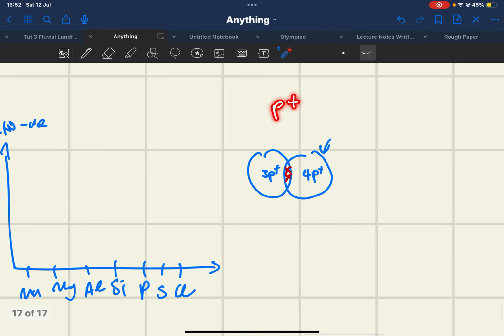Remember, p plus and electrons will form electrostatic force of attraction because they are opposite charge. Anything with opposite charge will form electrostatic force of attraction. So in other words, 4p has a stronger force of attraction than 3p, so this part will attract it closer.